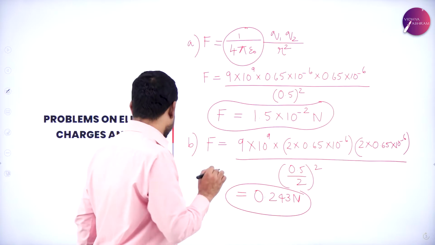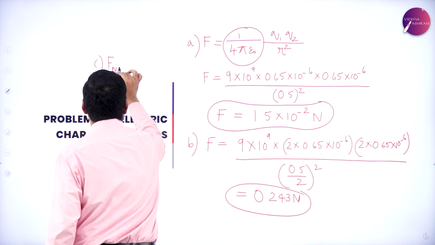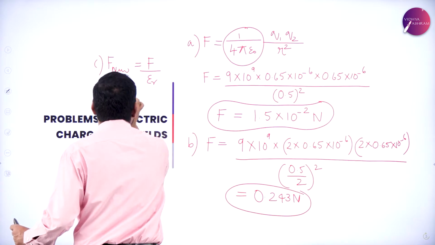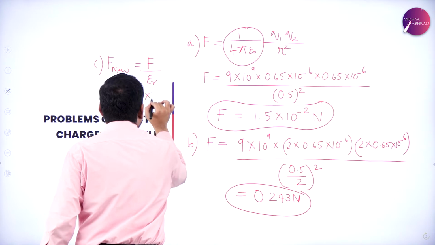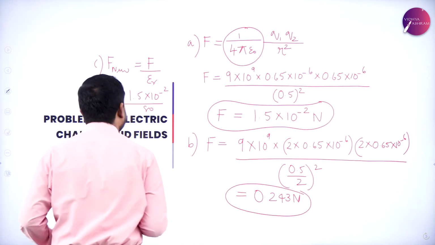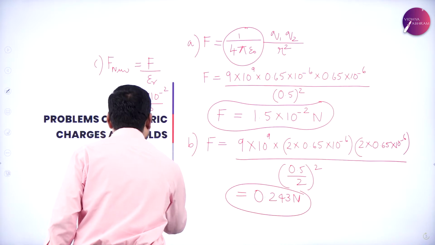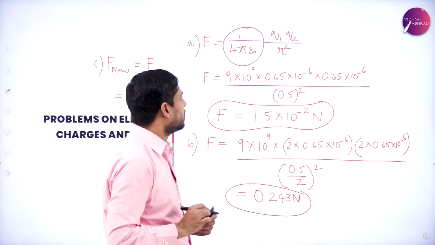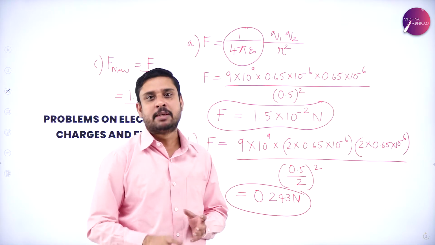So remember, in this case, the new force will be F divided by epsilon r. F is 1.5 into 10 power minus 2. Epsilon r is 80. So in this case, it is 1.9 into 10 power minus 4 Newton. So see, just very basic application of Coulomb's law.